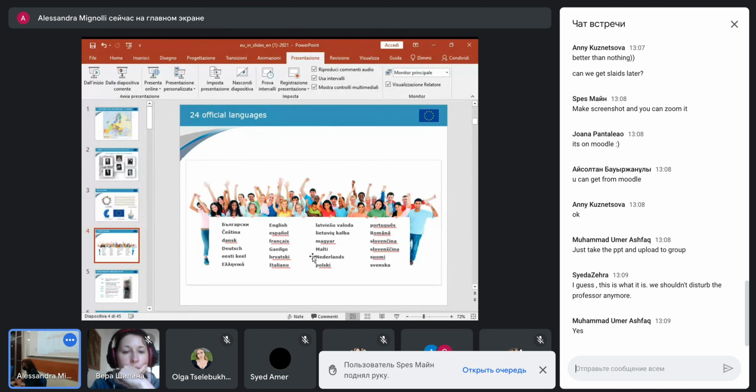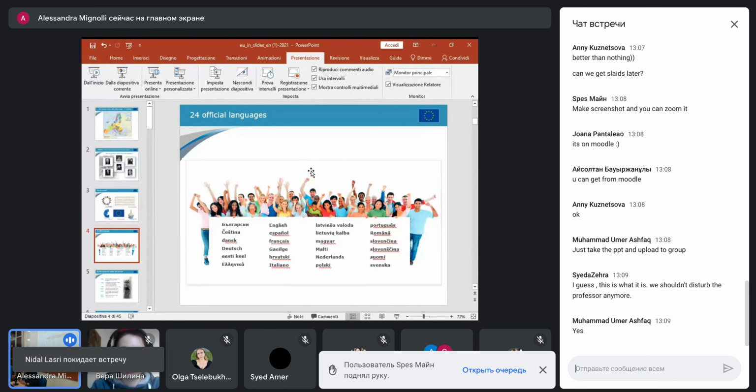So they decided to maintain English as an official language, not only because everybody speaks English in Europe, and it is much easier for the work of the institutions, but because these two states have English as a second official language.